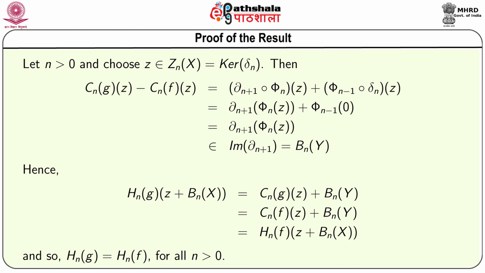Therefore, this whole thing is equal to del_{n+1} phi_n z, proving that it is a member of the image of del_{n+1}. Hence, H_n g of z plus B_n x is equal to C_n g z plus B_n y, which is equal to C_n f z plus B_n y, and that is equal to H_n f of z plus B_n x. Therefore, for any n greater than 0, we have H_n g is equal to H_n f.